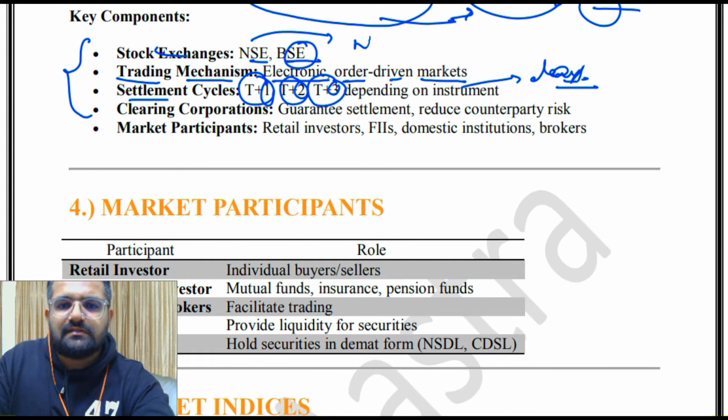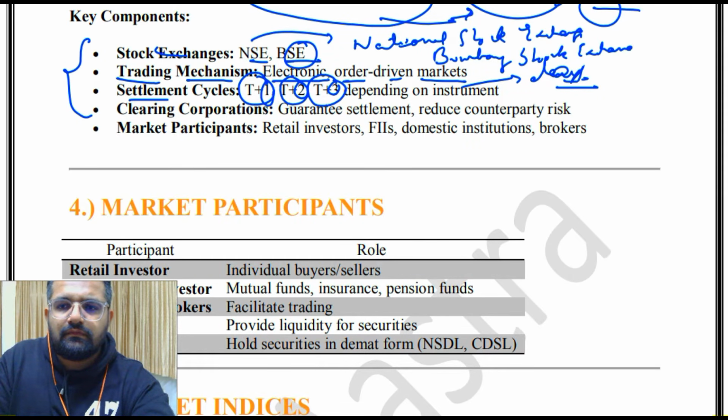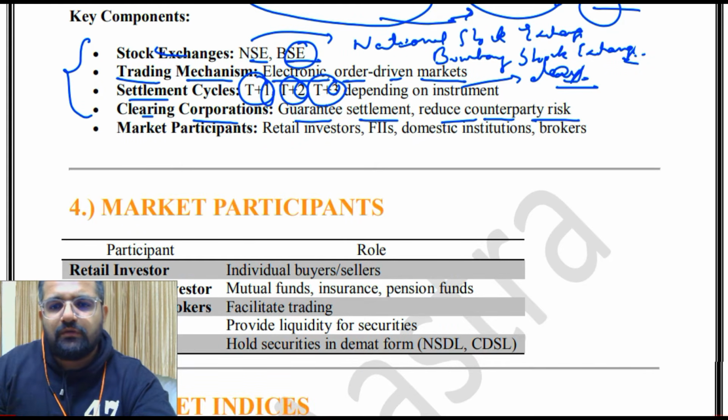These are National Stock Exchange and Bombay Stock Exchange. Then clearing corporations guarantee settlement, reduce counterparty risk.